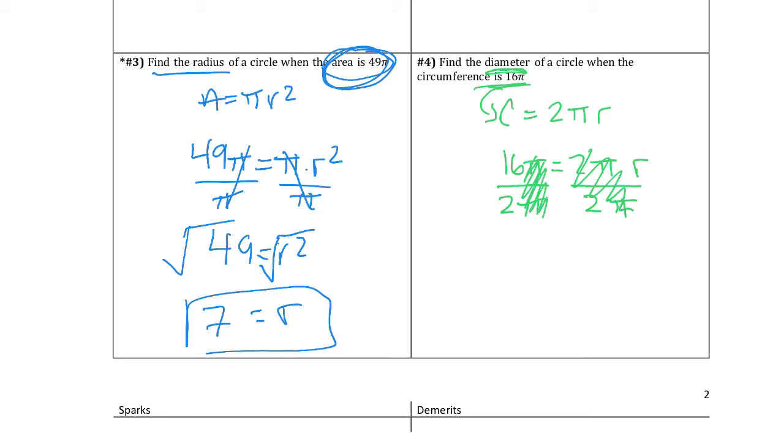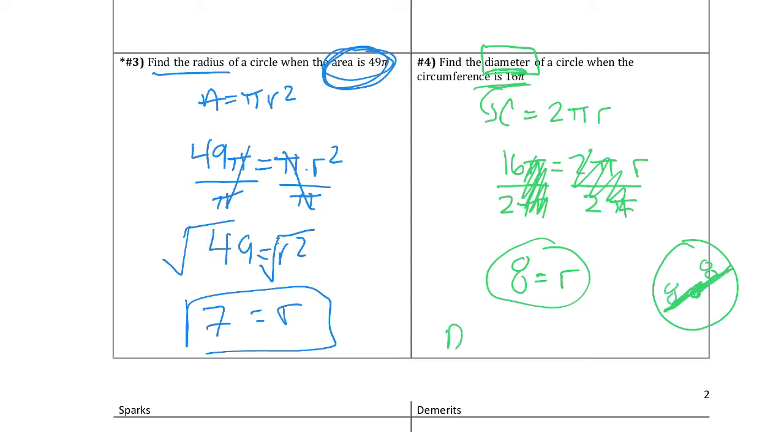So the pi's cross off here. 16 divided by 2 is 8. That equals the radius. Now most people might circle that as their final answer, but they said find the diameter. I'm talking about a circle, and the radius is 8. The diameter is the whole way across, or 2 radiuses. So another 8, so the diameter is 16.